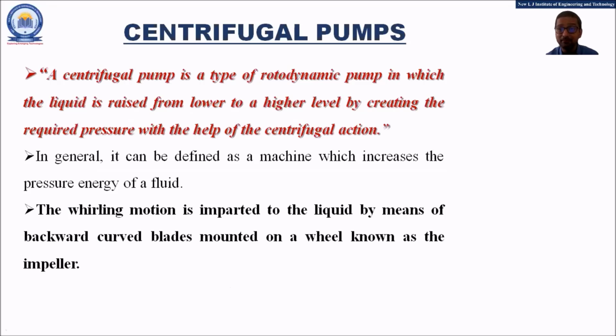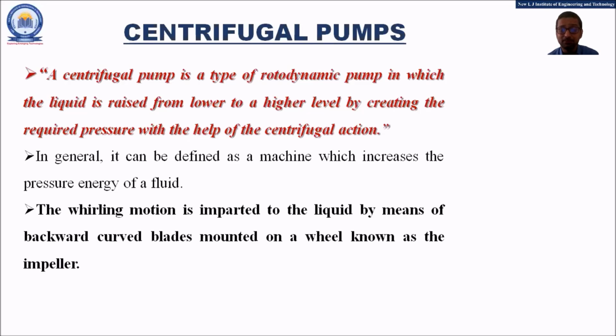Dear friends, remember that we have already understood the classification of the pumps. There were three types: the positive displacement pump, the rotodynamic pump, and the other pumps. So the centrifugal pump is a type of rotodynamic pump. A very important point to be remembered.